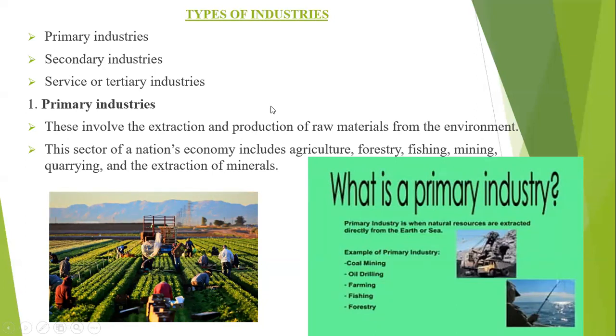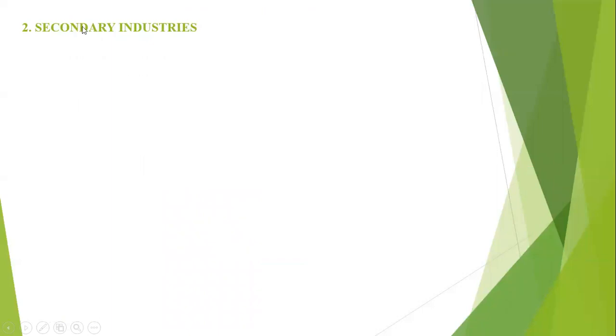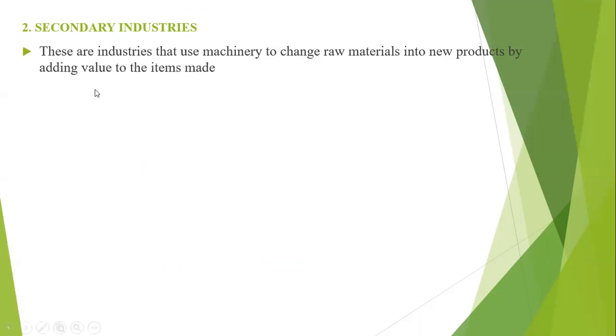Now let me take you to another form of industry, which is secondary industry. Now, what are secondary industries? Secondary industries are industries that use machinery to change raw materials into new products by adding value to the items made. So here is the difference.